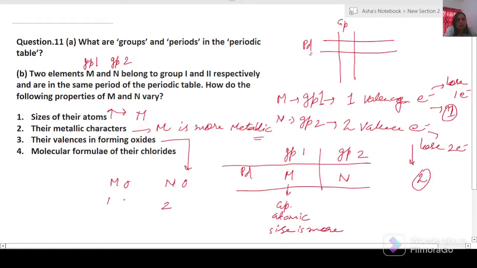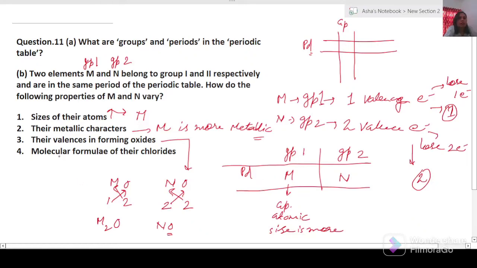Oxygen valency, you know, is 2. So this 2 will go to M and this 1 will go to O, so it will be M2O. Here this 2 will go to N, this 2 will go to O, so it will be NO only. Why? Because when valencies are the same, they are never shown.